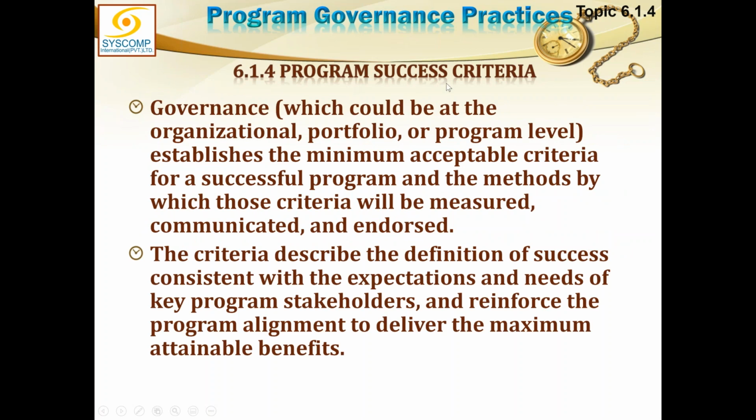Then there is the program success criteria. Governance, which could be at the organizational, portfolio, or program level, establishes the minimum acceptable criteria for a successful program. That is important because, as far as programs are concerned, measuring the program exactly may not be possible.